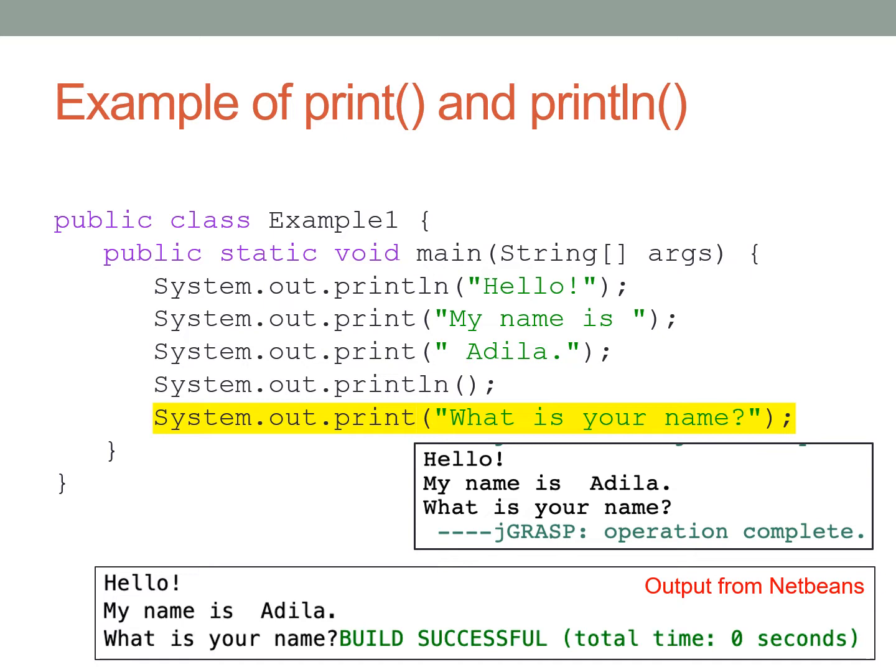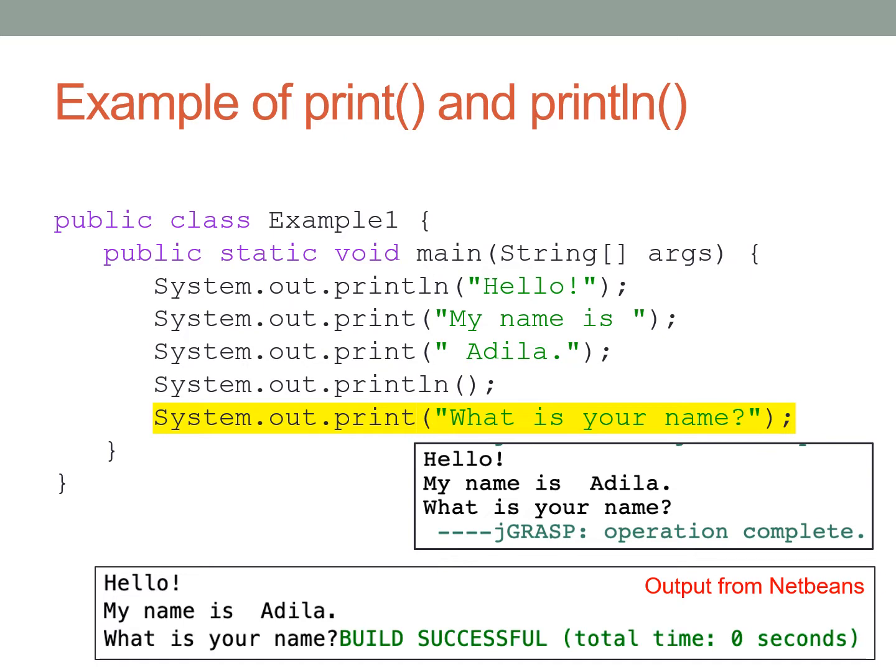Let's look at this code. We have System.out.println("Hello"). Then we have System.out.print("My name is"), and then System.out.print("Adila"). See here that we have used the println method and the print method. What is the difference between println and print?